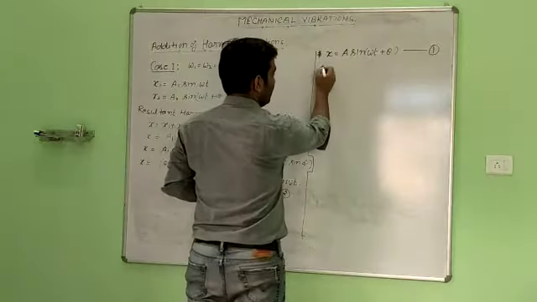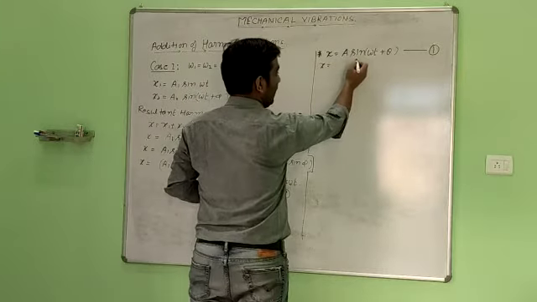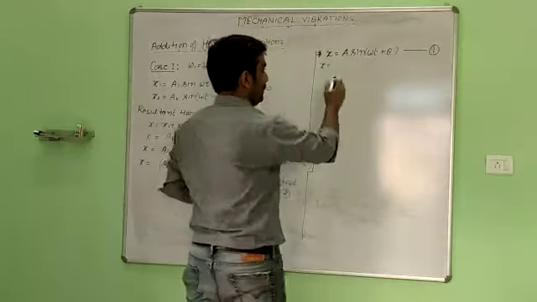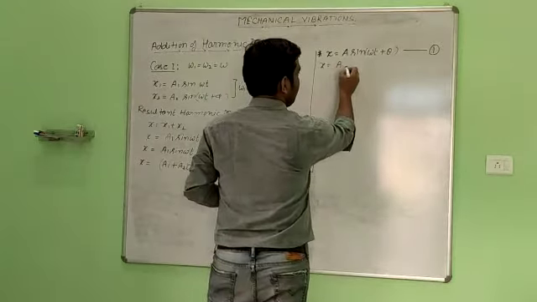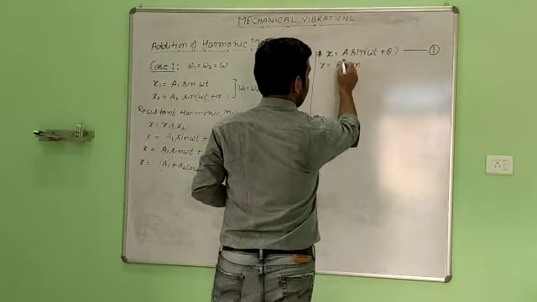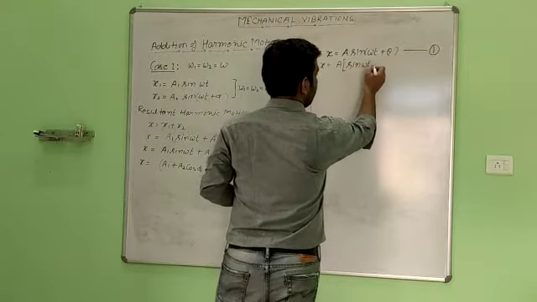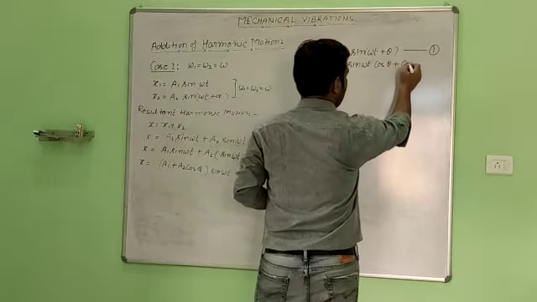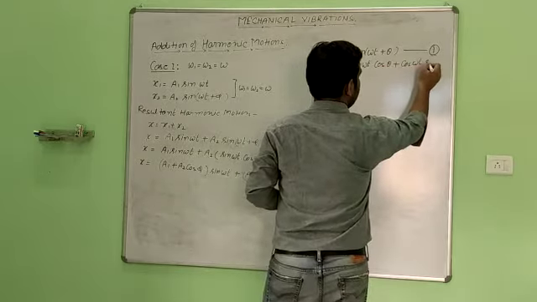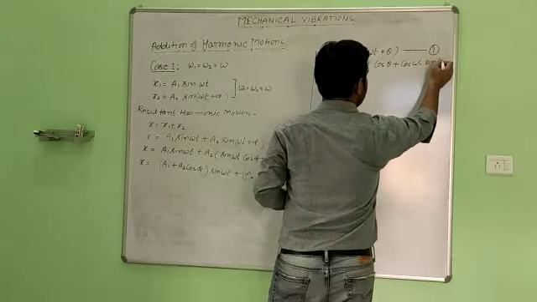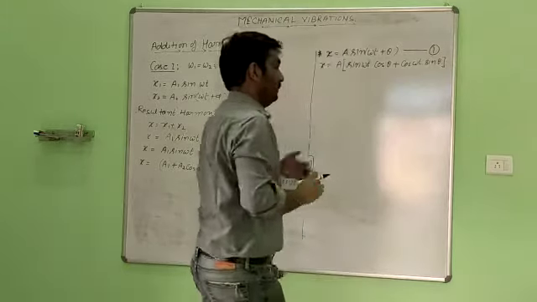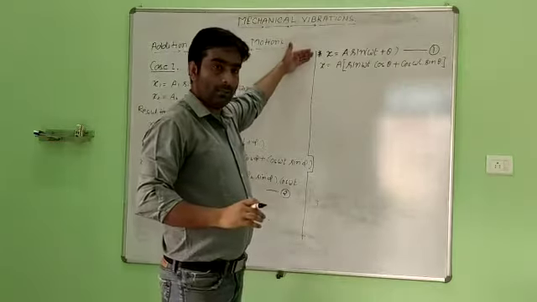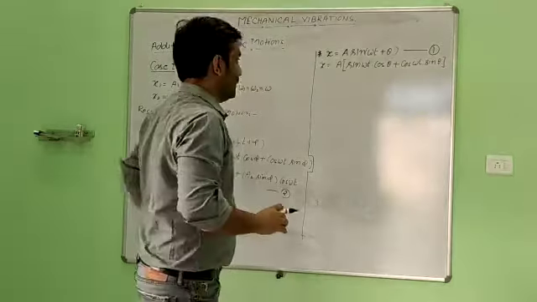Now we are just opening this part and taking the coefficient of sin omega t and cos omega t again. Opening this part, A sin(a plus b) is sin a cos b plus cos a sin b. Now if this is the resultant, what are the unknown quantities?